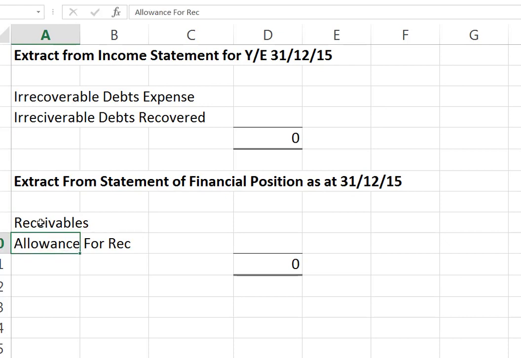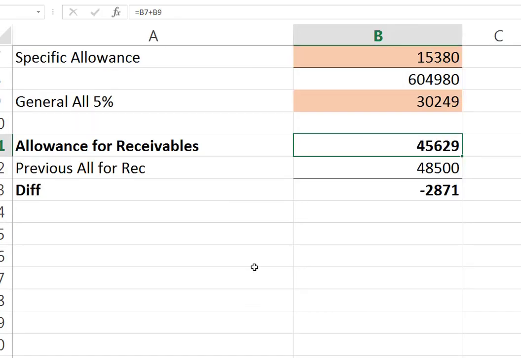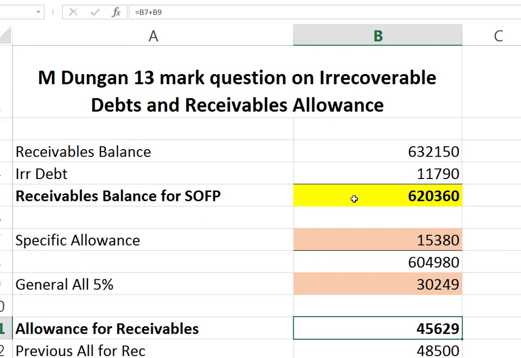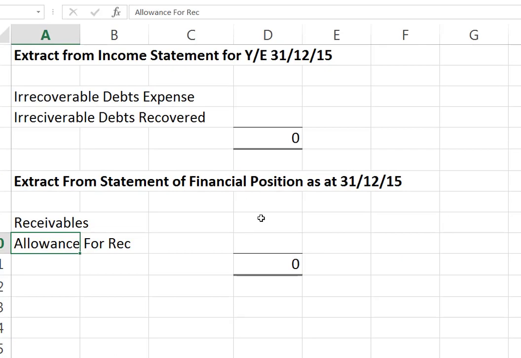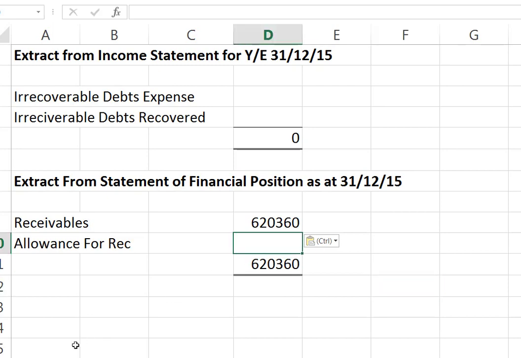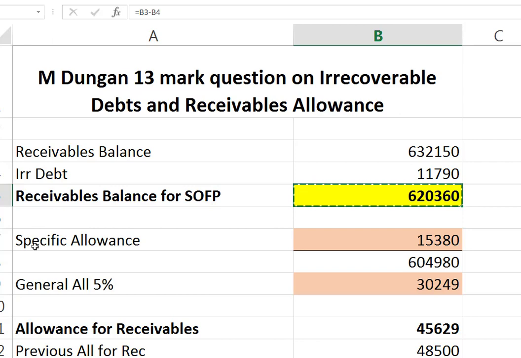So let's go for the easy one first. Let me find my receivables and my allowance for receivables according to my calculations. Okay, so my receivables balance is 620360. Okay, 620360. Just pasting the numbers there. And my allowance for receivables then, so what do I think that I'm not going to get paid?